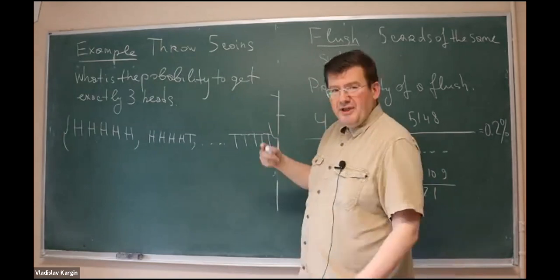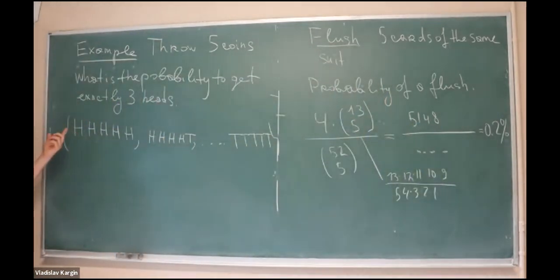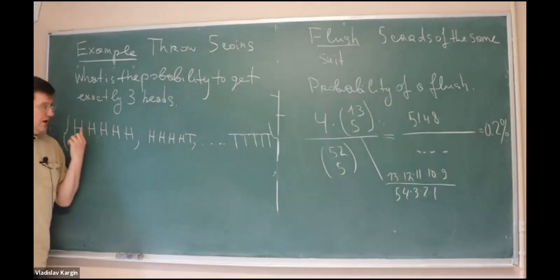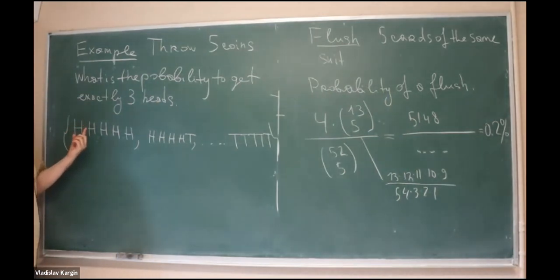And we already have a recipe for how to do it, right? We know that for the first coin, we have 2 possible outcomes. For the second coin, we also have 2 possible outcomes.